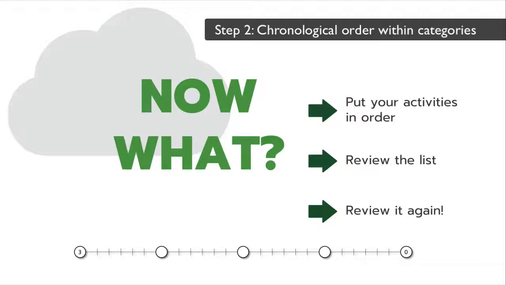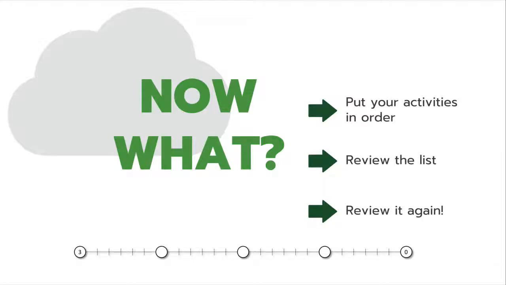In some cases, you might have multiple activities that have to happen simultaneously, and that's okay. You can put them next to each other. In some way, you can represent that these activities need to come at the same time. But overall, we now have them in categories, and we have them in chronological order.